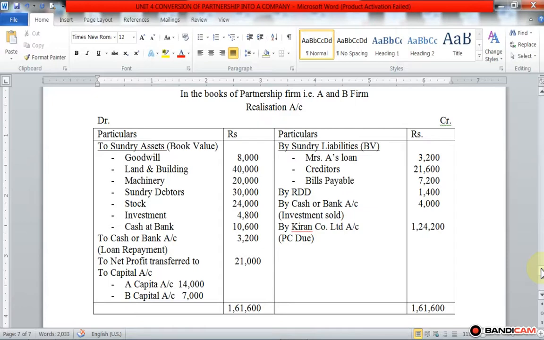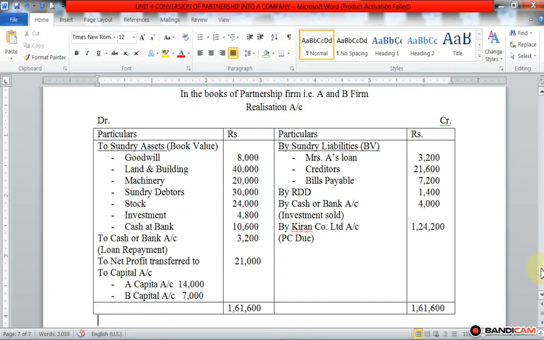In our next lecture we solve a second problem, and in it we prepare all accounts: realization account, Kiran Company or purchasing company account, and partners' capital accounts. First of all, understand how to prepare a realization account and make the ledger posting.